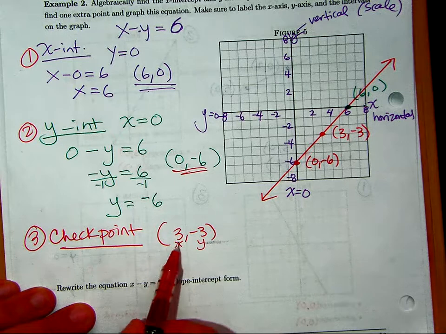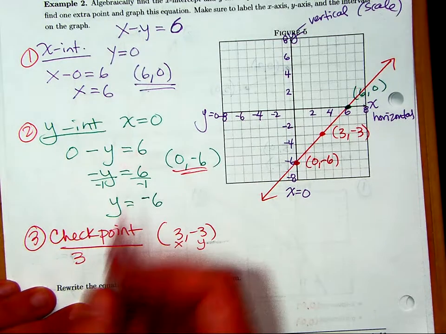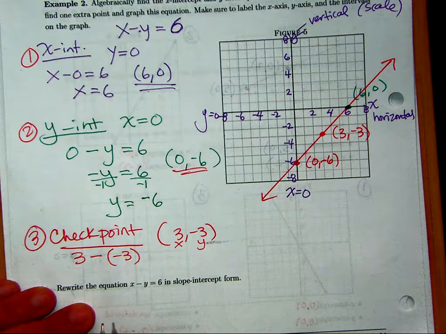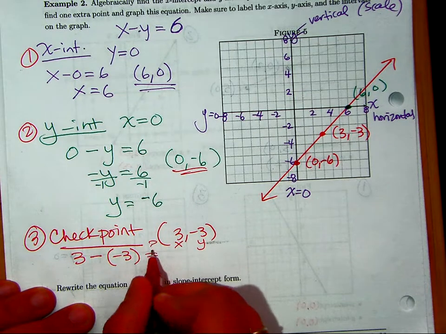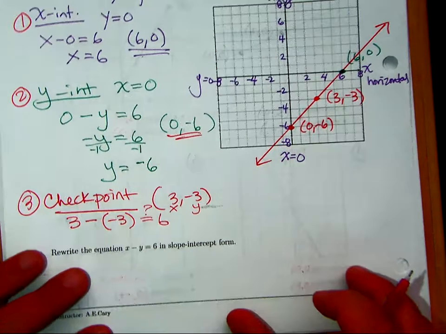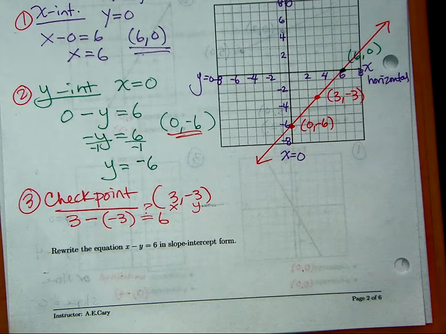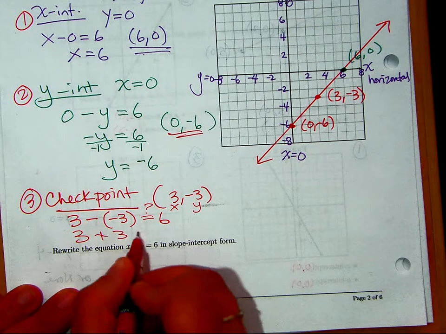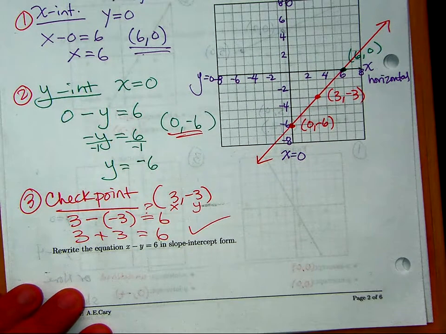I plug in 3 for x minus -3 for y, and I'm asking myself, is it equal to 6? If the point works, then that means it's really a point on the line. You see what I'm saying? So this would be 3 plus 3 is 6. And that works, right? 3 plus 3 is 6.